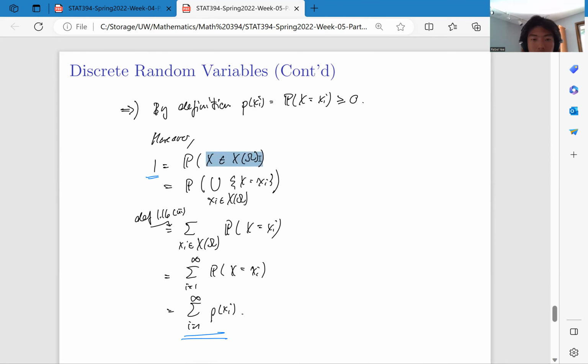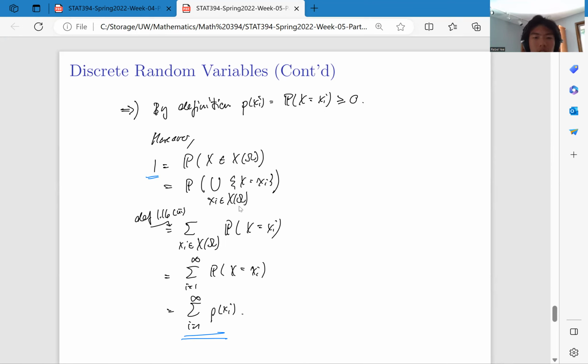And for this representation, we can write it as the union of the events X equal to xi, where xi belongs to the whole set X of omega, which is the whole set of real numbers in that set. And this uses the pairwise disjoint events of xi.